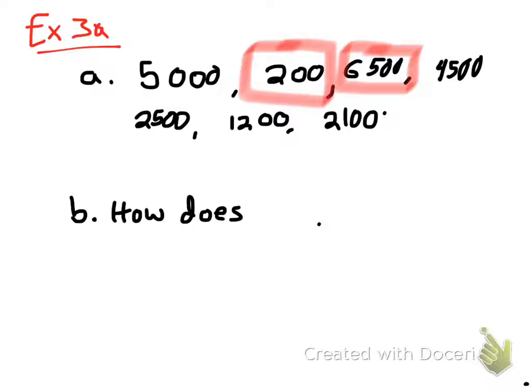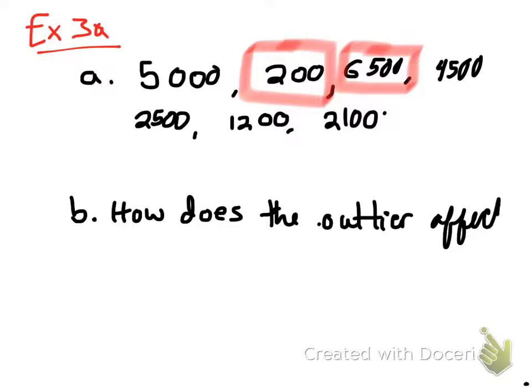We'll test it and find out by doing the average. So how does the outlier affect the mean, or the average? Let's first find the average with the outlier, and then we'll find it without the outlier.